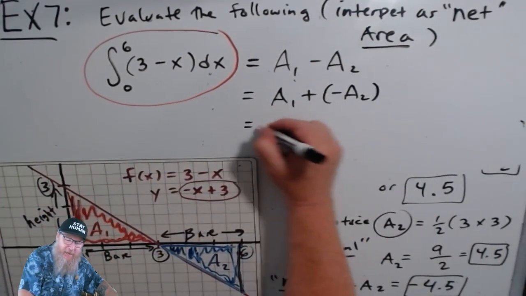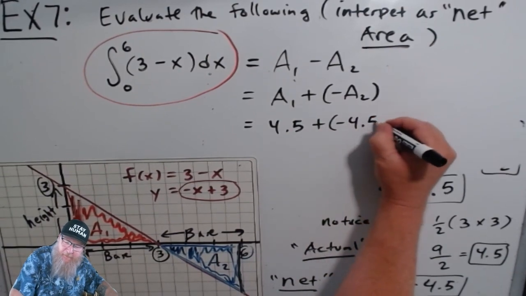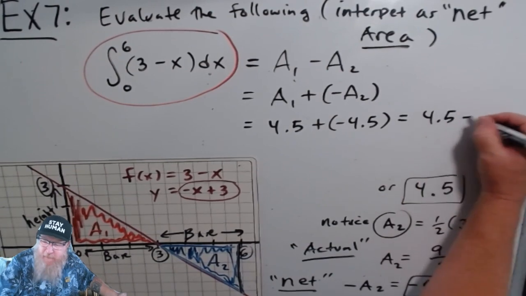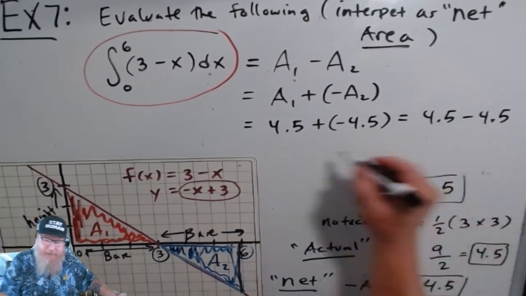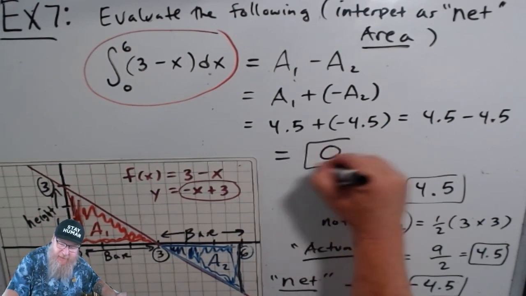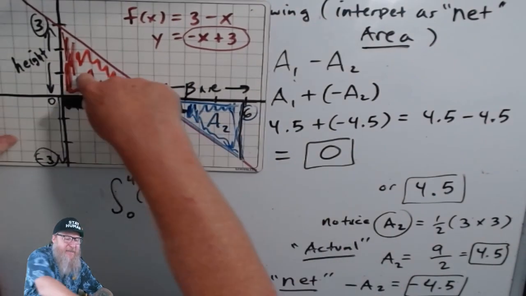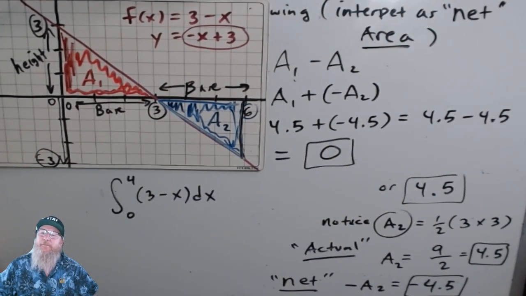So it's going to be 4.5 plus negative 4.5. Or you could write 4.5 minus 4.5. Tomato, tomato, those mean the same thing. Either way, the net area is 0. You can think of these as just canceling each other out. Okay.